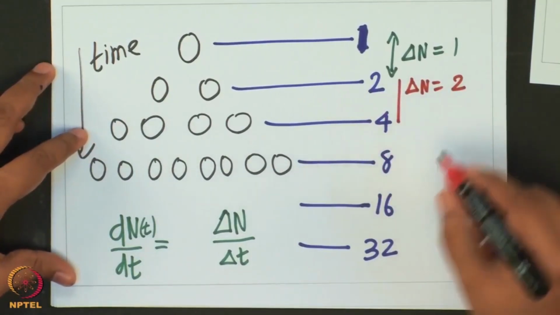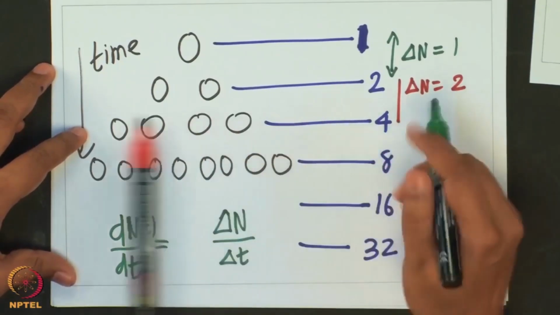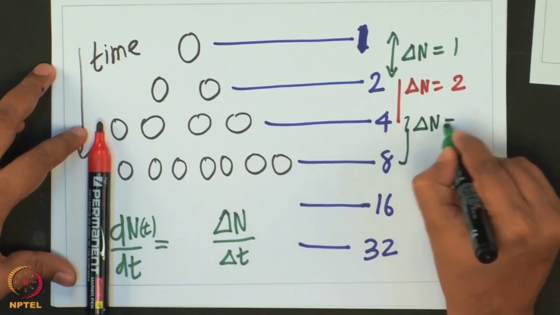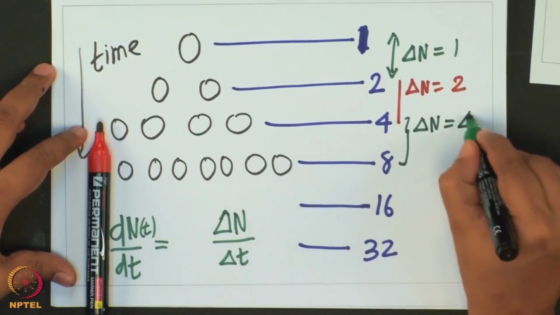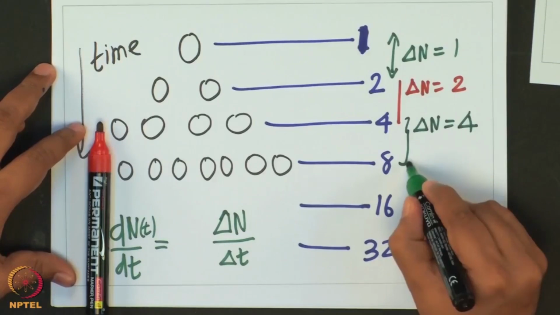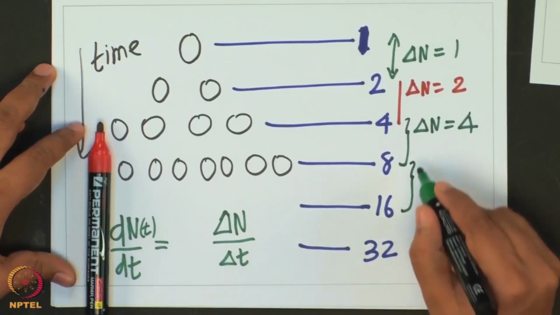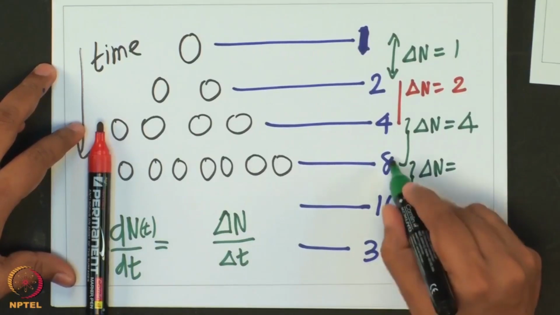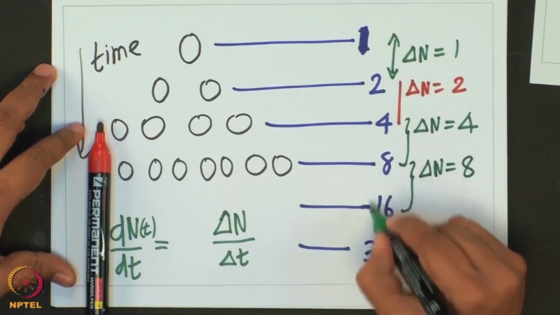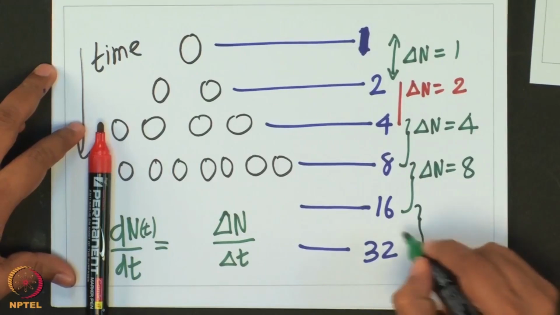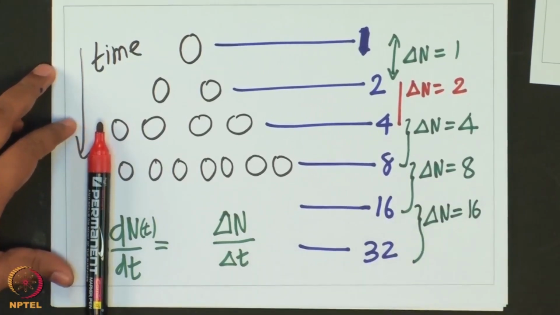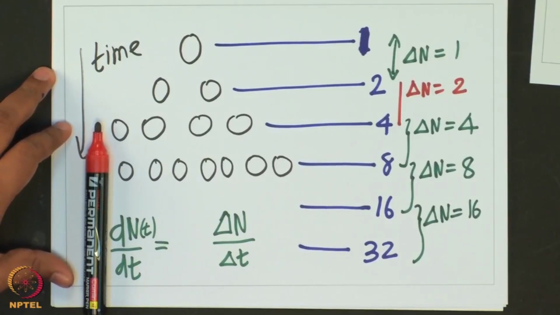It became 2 to 4. What is delta n here? Here 4 became 8, so delta n is 4. What is delta n here? Here 8 became 16, so 16 minus 8, delta n is 8. What is delta n here? Delta n is 16. So what are we seeing?